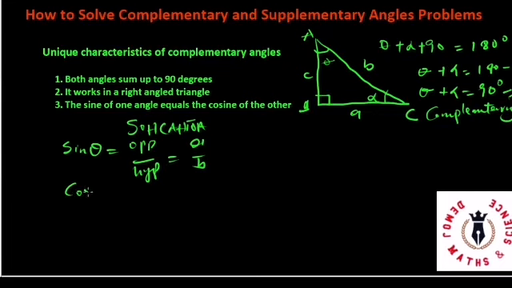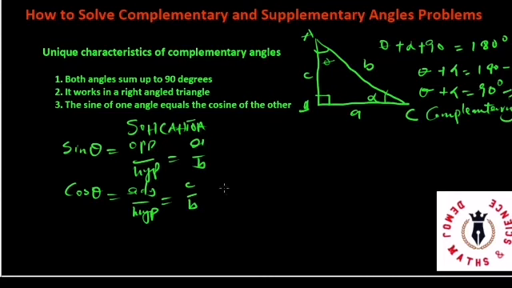My cos theta will be equal to adjacent over hypotenuse. That's equal to, for theta, this is the adjacent C, and here is the hypotenuse B. So we say that that is equal to C over B.